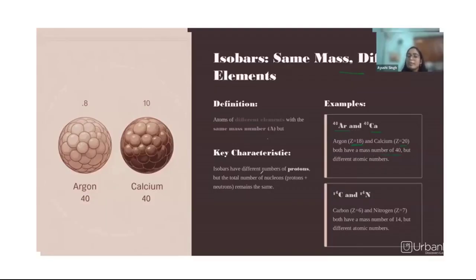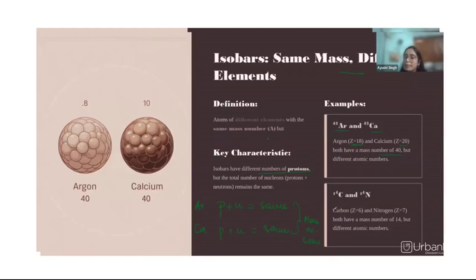Because isobars have different numbers of protons, but the total number of nucleons, that means protons plus neutrons, is the same for two different elements, for example argon and calcium. So their proton and neutron totals become the same, and that's why their mass number comes out the same.